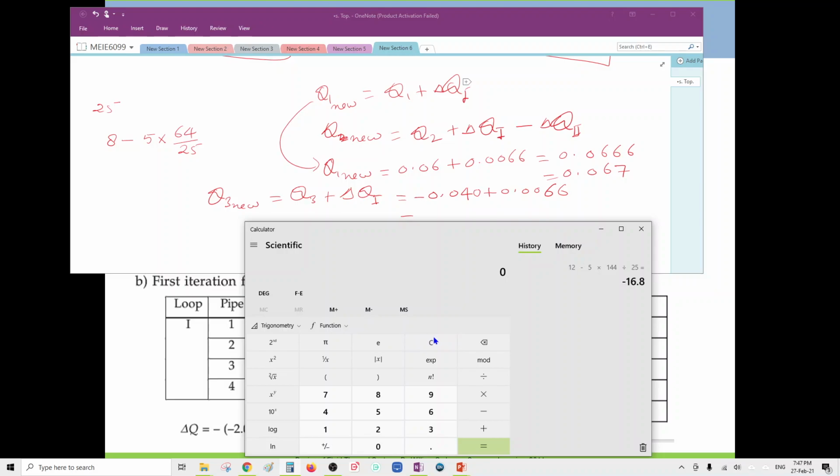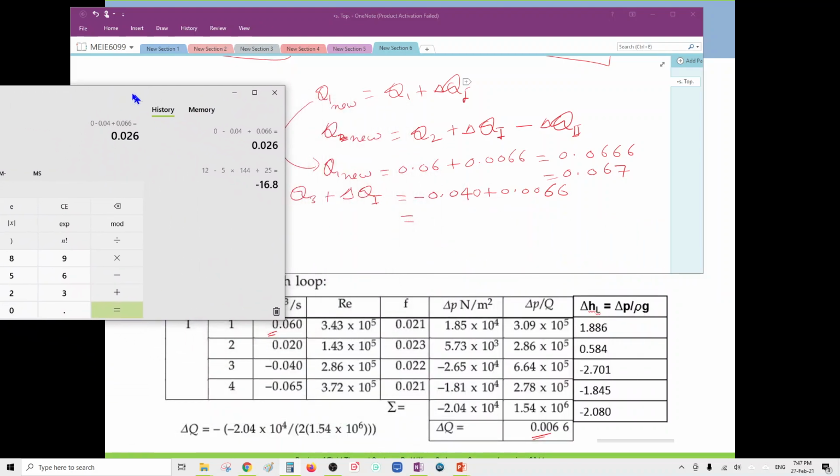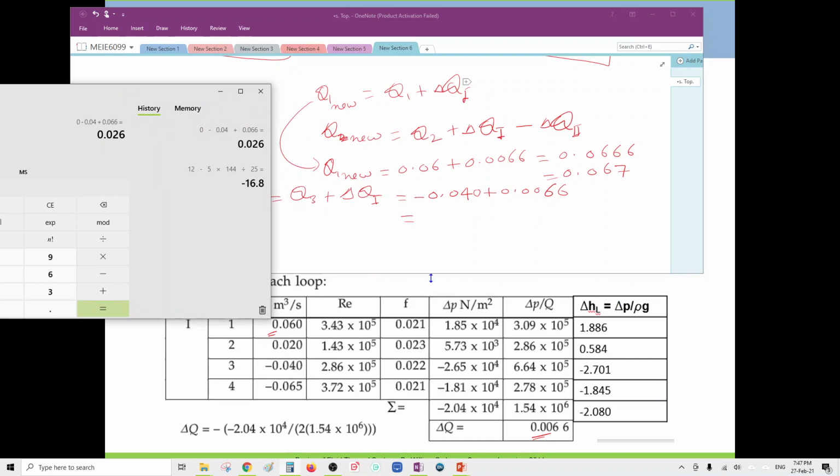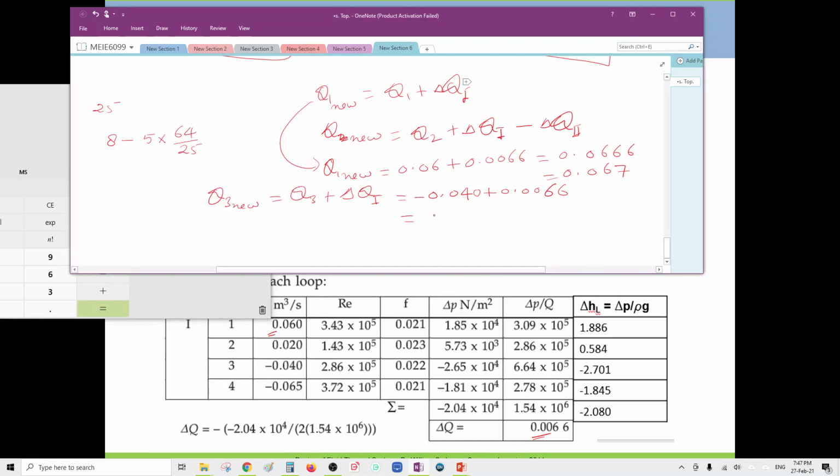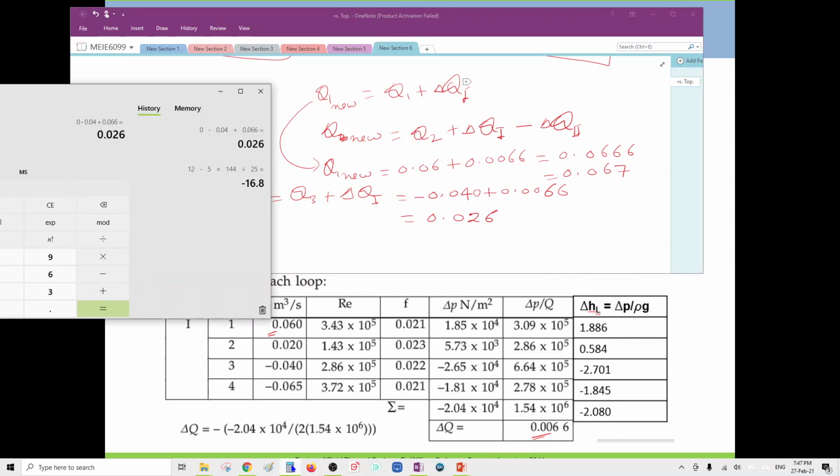Minus 0.04 and then plus 0.066. The result we got is 0.026, with a minus sign, of course.